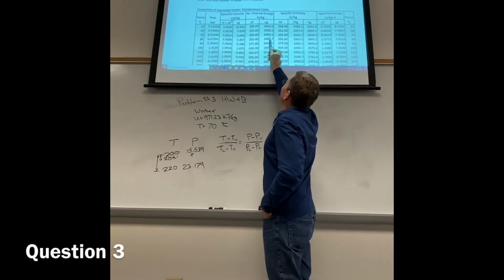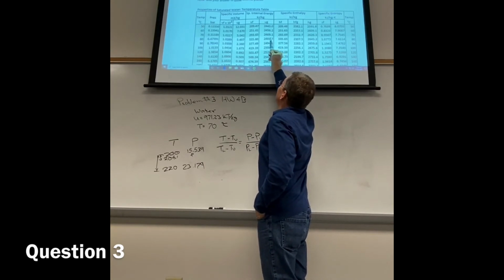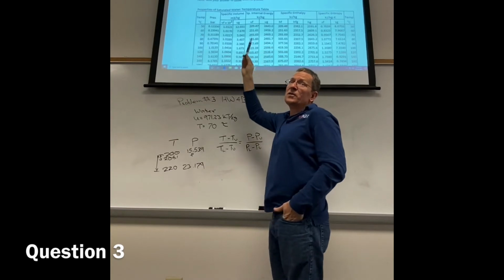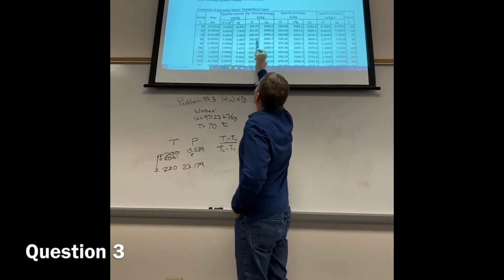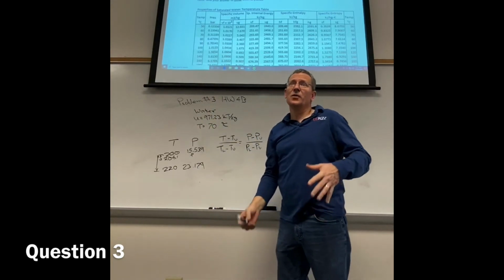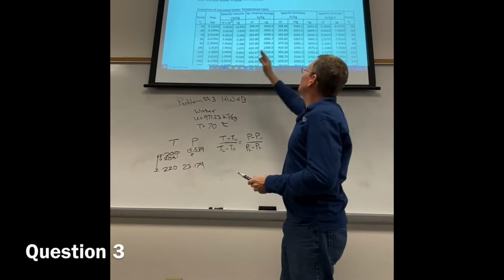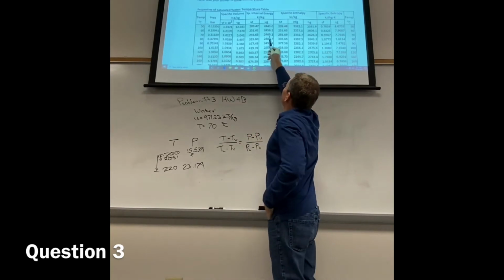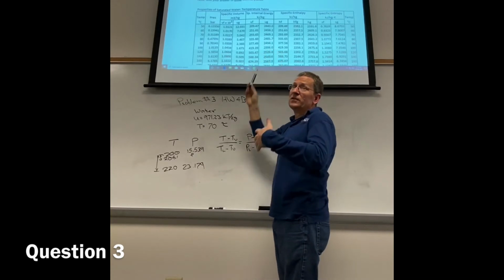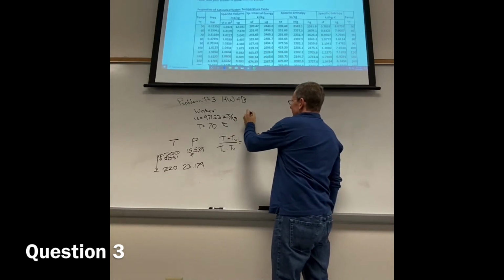Since it's higher than the values, that means we're in the superheat table. If it was less than 293, that means it's subcooled liquid. So when we're between the values, we're in the right table. If we're higher than the saturated vapor value, then we should be in the superheat tables. So we can tell just by the value that yes, it is a saturated liquid-vapor mixture.